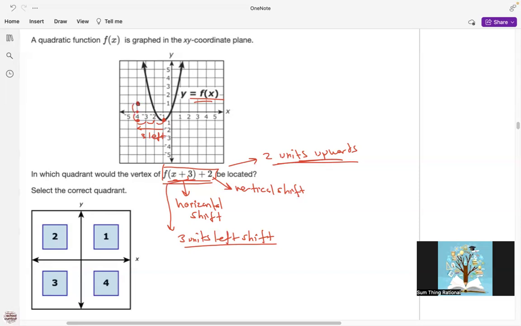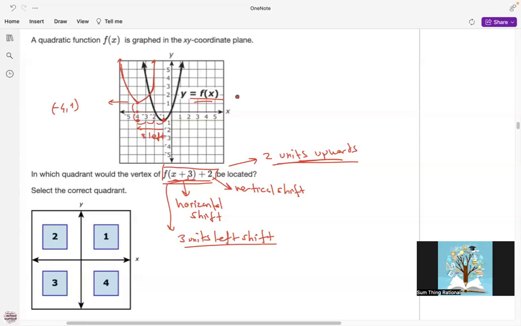I am here now. From this vertex, you can draw your new graph. Maybe my graph is not accurate, but you can know this. So we obtain the new vertex at negative 4, positive 1.